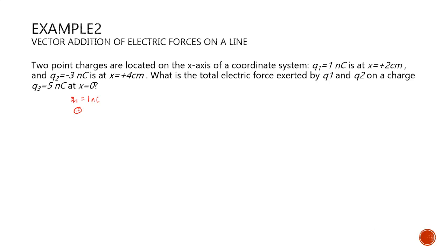Okay, so there is a reference point. The 0 cm mark is not the position where Q1 is. So this is the 2 cm mark, and let's say the 0 cm mark is here. The second point charge, which is negatively charged, negative 3 nanocoulombs, or Q2, is at 4 cm, so 4 centimeters away from the reference point.